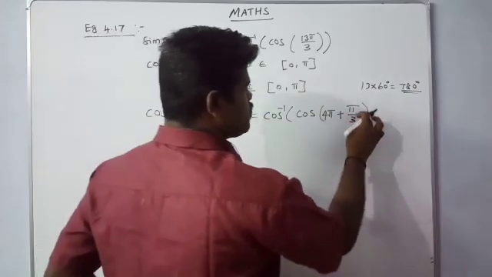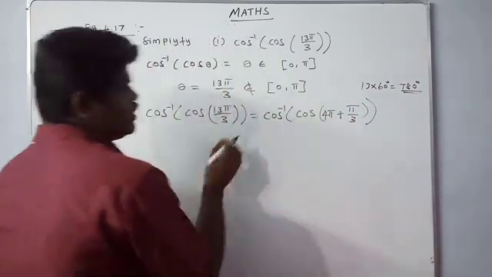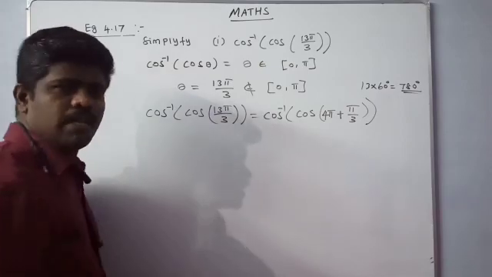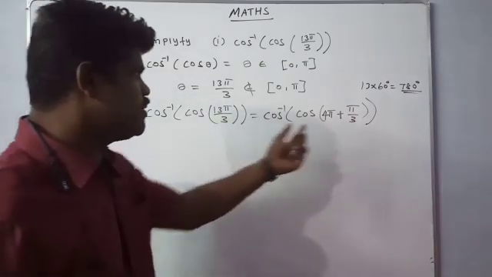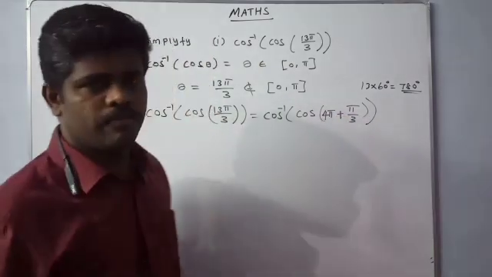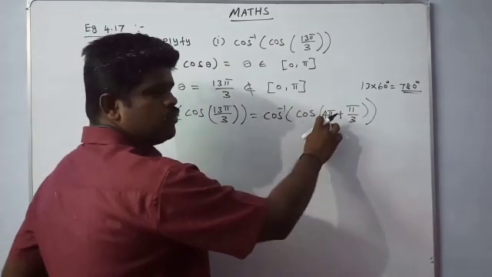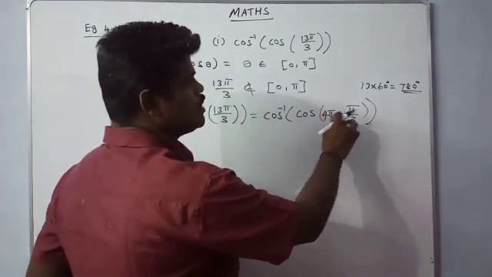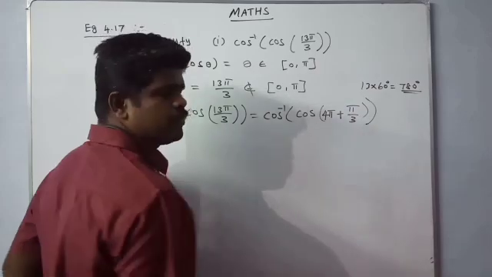So 4 pi plus pi by 3 can be written as 13 pi by 3. Cross multiplying, 4 pi into 3 is 12 pi, 12 pi plus pi is 13 pi by 3.